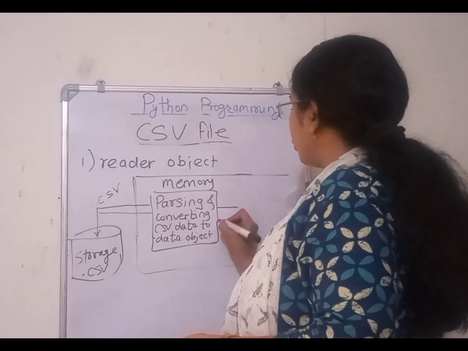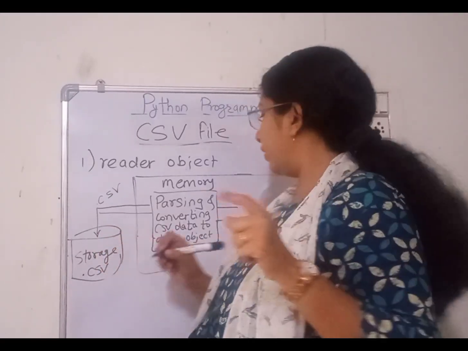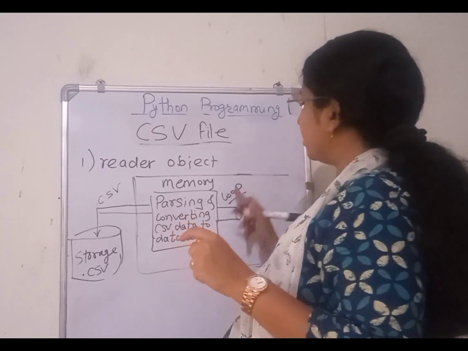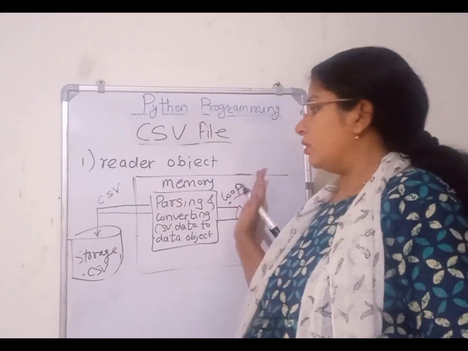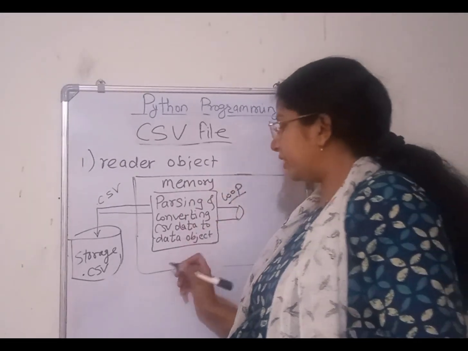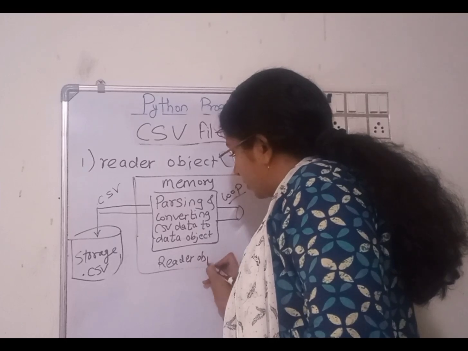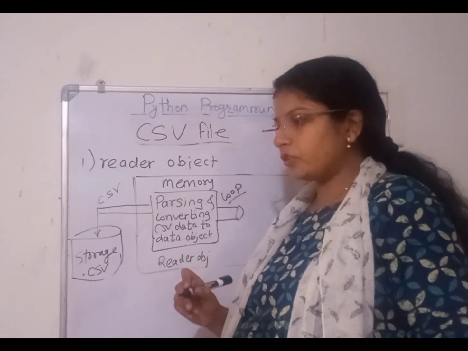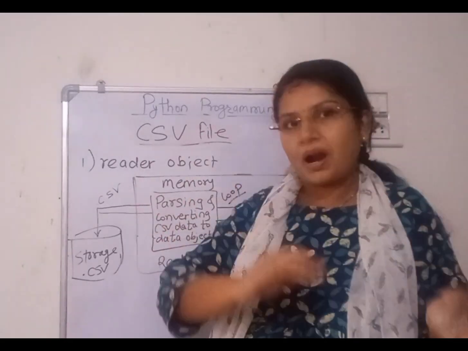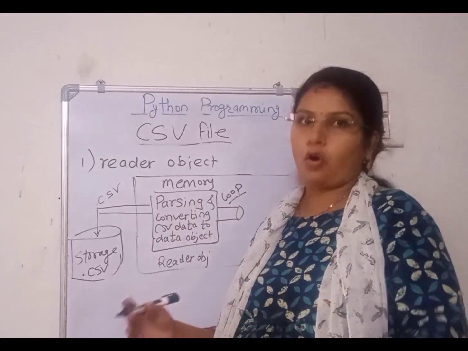If you want to display all the values in the output window, this is your Python program, and here you are creating the reader object. Basically, the CSV reader object is used to parse and convert all your data into normal data objects.